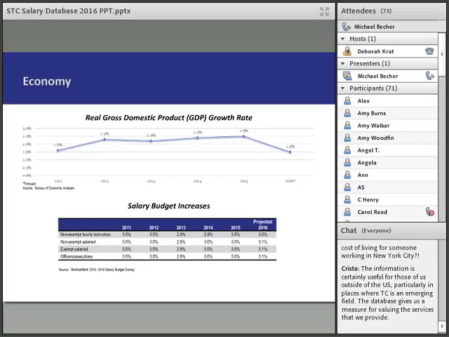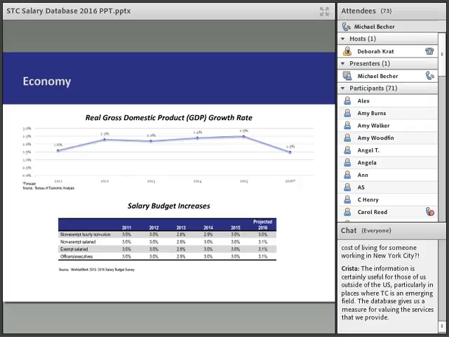We definitely don't want to see negative numbers. That's not a good situation, but here we've been seeing pretty flat for the last 5 years and projected for the final 2016. There's not a whole lot here that would make you expect 5, 10, 15% increases in pay or anything, but things are moving pretty much as normal.